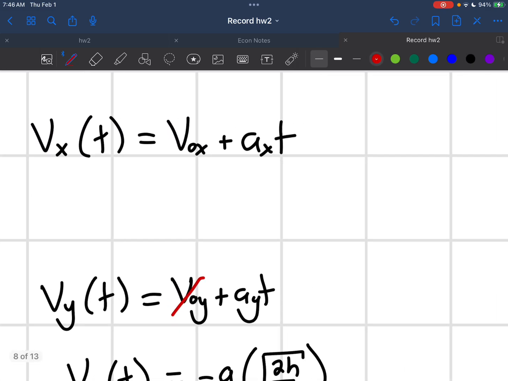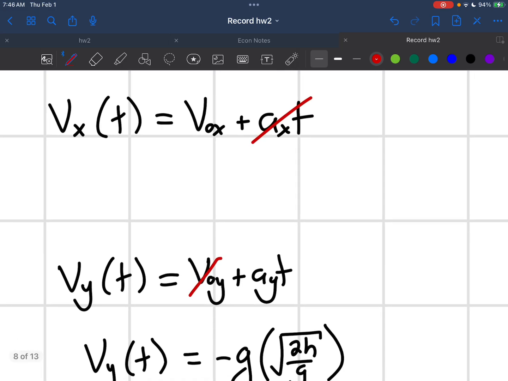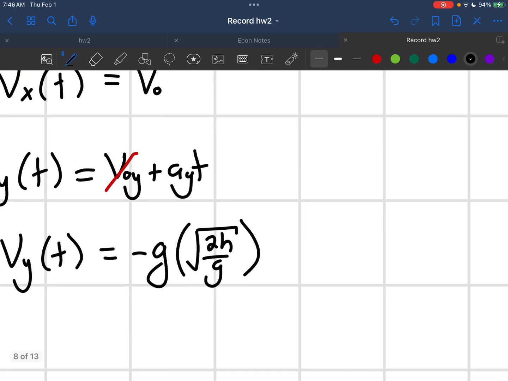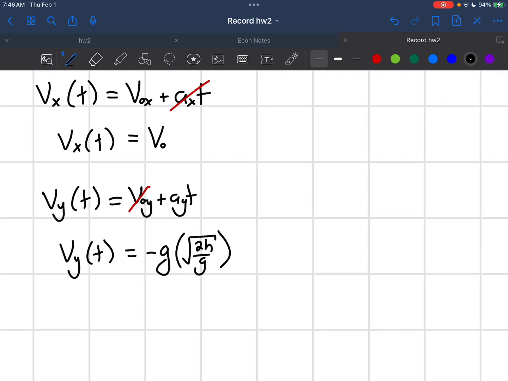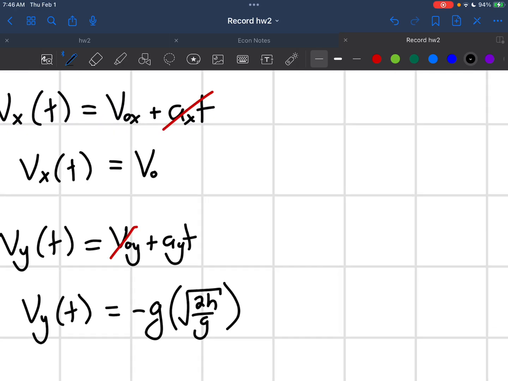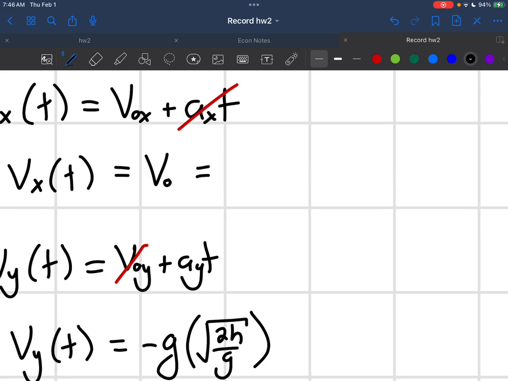And my acceleration in the x was also 0, so I don't even have to plug in time for this one because it got canceled out. My Vx is just going to be my v naught x, which was just v naught. So again, I just have to plug in my numbers. Obviously v naught x being v naught, we just solved for that one.